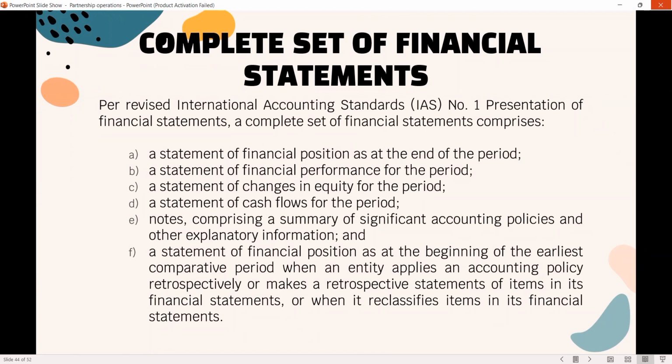Tapos yung changes in equity, a statement of cash flows, yun yung may investing, operating, and financing activities, which can be direct or indirect method. Yung notes, yung comprising yung mga summary of significant accounting policies na ginamit. Tapos yung statement of financial position, magagamit lang siya pag nag-apply ng retrospective statements of items sa financial statements. Okay, next.